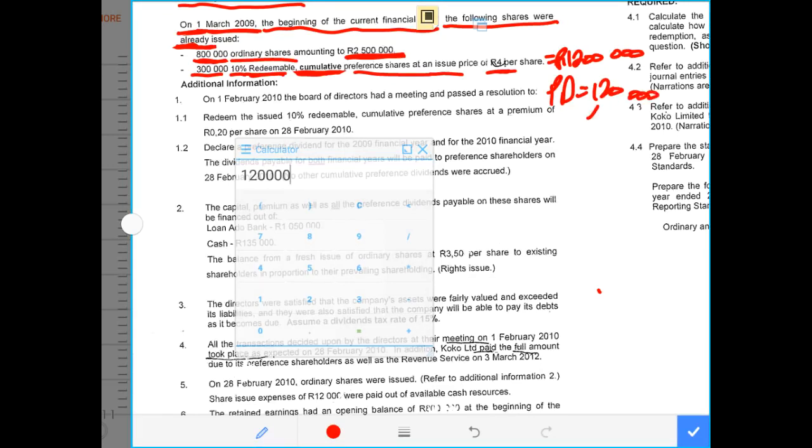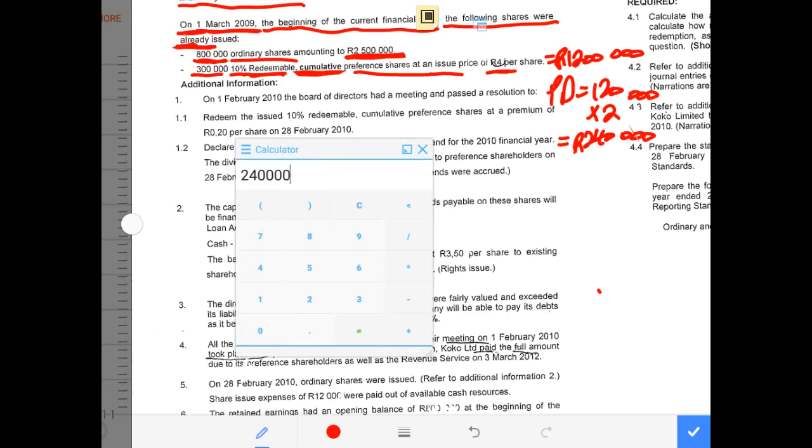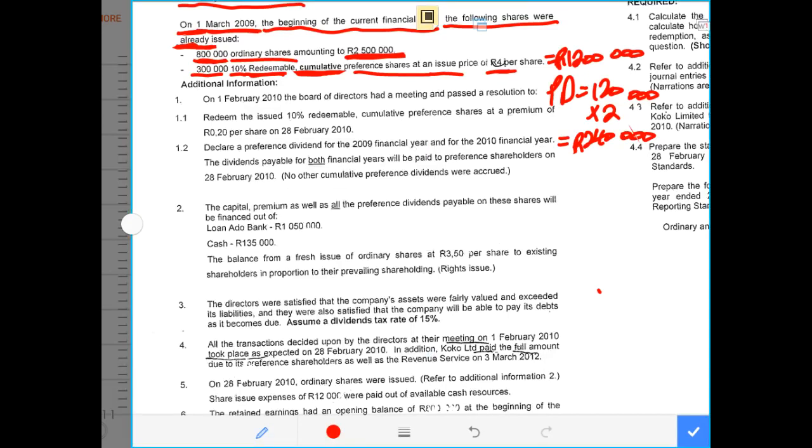So we say times 2 because it's for 2 years, 2009 and 2010. If you multiply that by 2, it will give us 240,000. That will be the total preference dividends recorded by the end of the current year: the preference dividends for the year 2009 and the preference dividends for the year 2010, which is the current year.